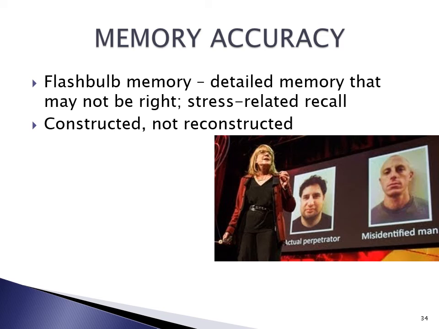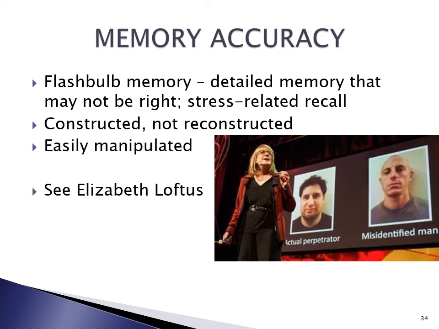Memory can be manipulated simply by altering the cues used to recall information. You can alter what is reconstructed, and this can lead to having a false memory.